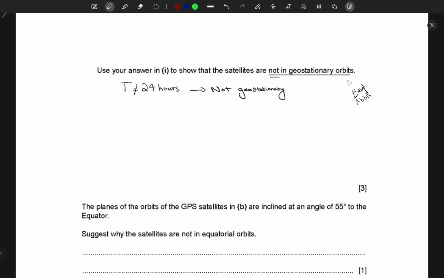So your thing is also correct, because the period of the orbit is defined as 2 pi by omega. So we can find it in terms of this angular velocity, and if the time period is not equal to 24 hours, then we can easily conclude that the satellite is not in a geostationary orbit, right? So everyone agrees with that?